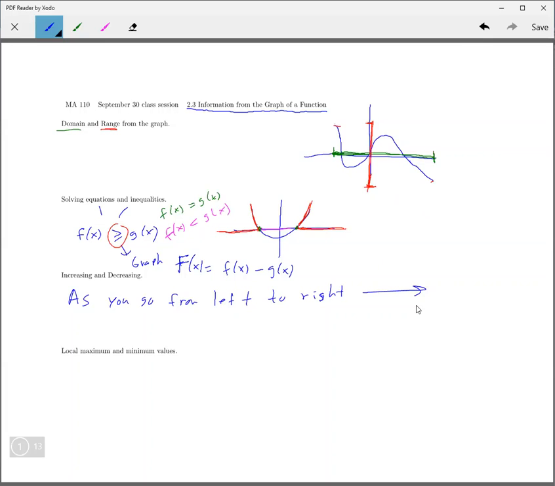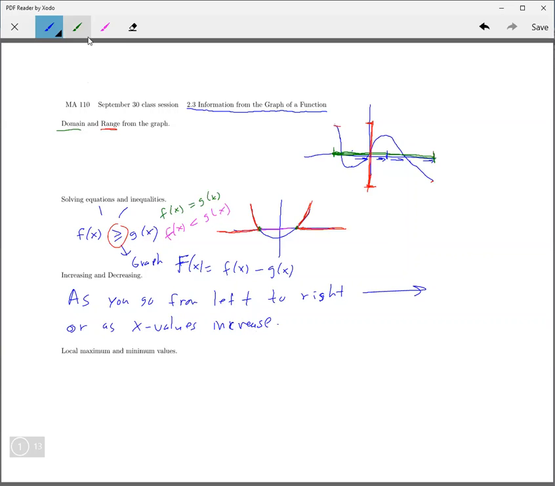If the graph goes up, so like right here, for example, as you're going that way, the graph's going up, so that's increasing. But then from here on over, it's going down, so that's decreasing as you go this way. Or this is also known as x values increase. So as you go from left to right, x values are increasing.